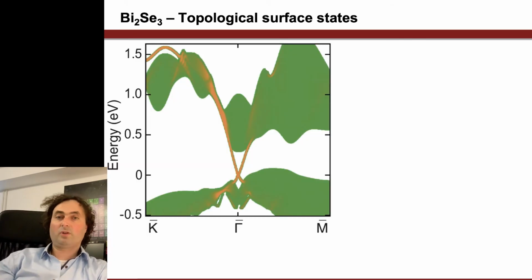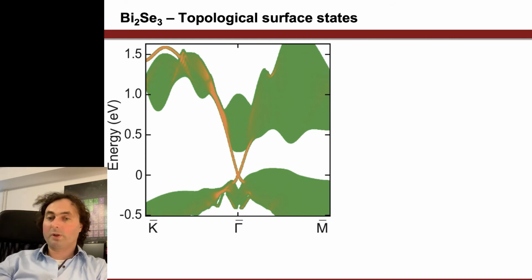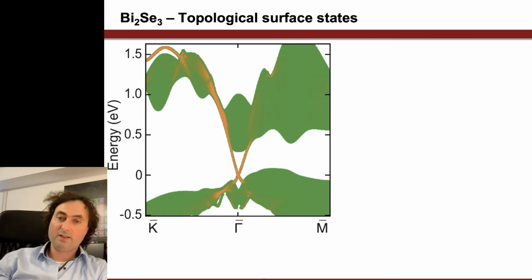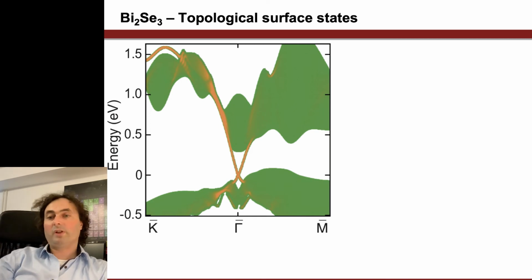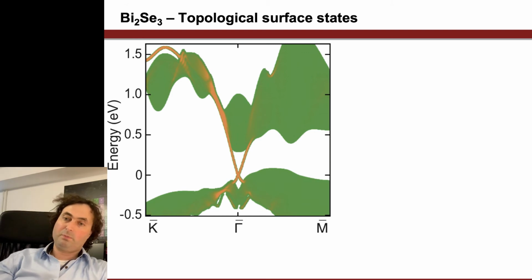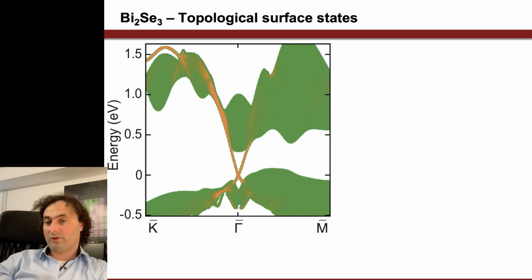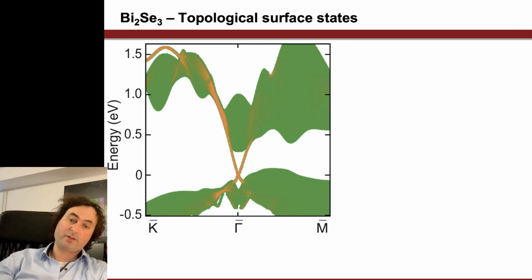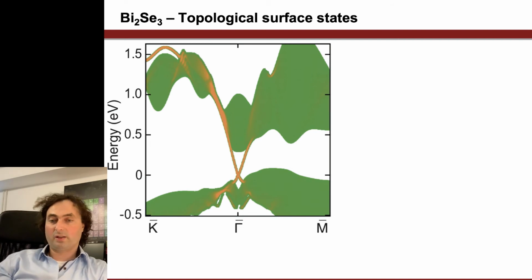Now this happens not only in these kind of cubic models where we can nice and easily calculate the tight binding Hamiltonian, but this has also been found in real materials. And bismuth selenide, Bi2Se3, is one of the semiconductor materials where you find these kind of topological surface states.